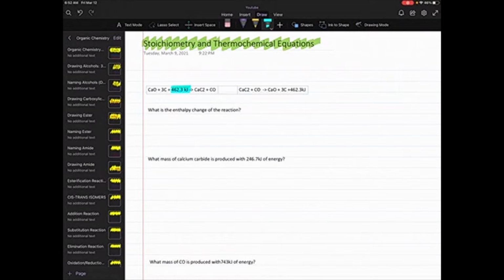On the second equation, I have the same equation flipped around, and in this case, you see energy is on the right-hand side. What this means is, in this reaction, energy is released. I'll give you analogies. For the first one, where energy is on the left-hand side, an example would be like cooking food.